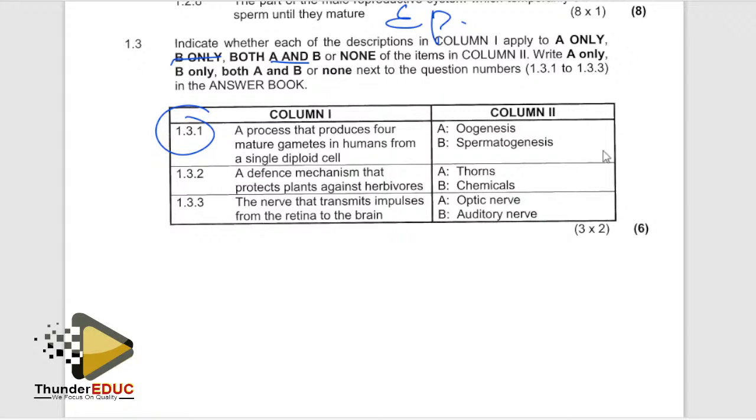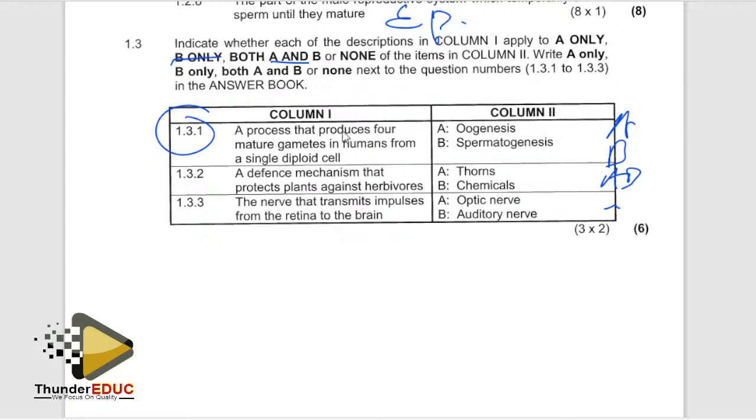You didn't just write A or B. Depending on the discussion of the memo, they may or may not allow it. But I told you yesterday that it's supposed to be A only. Alright, let's continue without wasting time. Don't repeat that in the paper too because you never know.